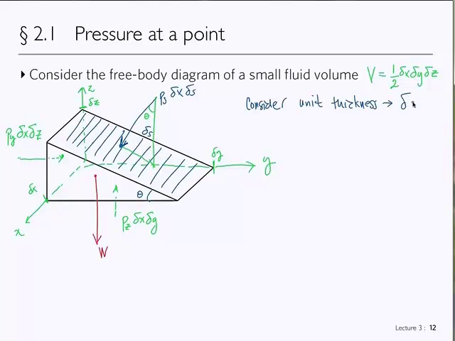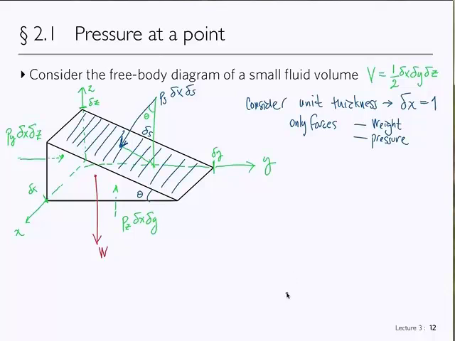Therefore, we're saying delta X is going to be equal to 1. To simplify, remember the only forces are weight and pressure, because this is a piece of fluid, a volume of fluid that is at rest.